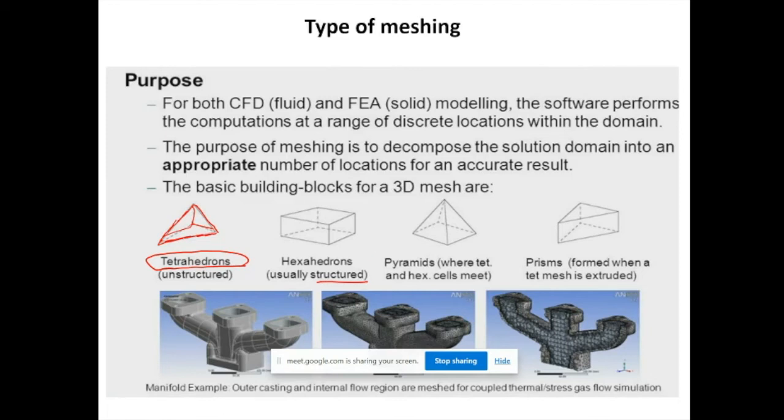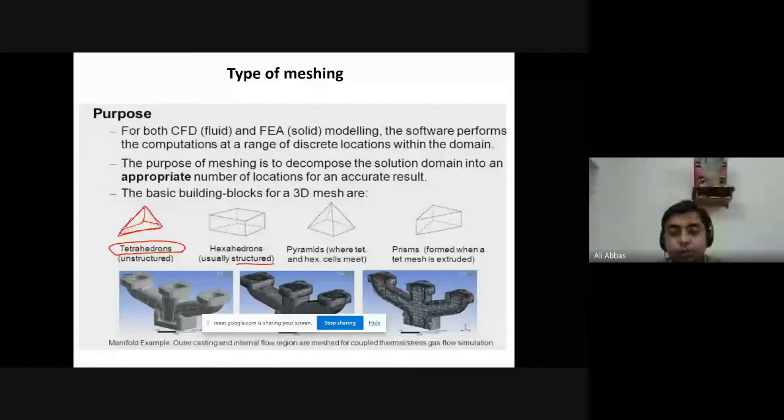So depending upon our skill, we choose the type of mesh, and also on the complexity of the fluid domain. If the domain is simple, we can go for the structured. But if the domain is complex, it is very difficult to make a structured mesh there. So in that case, we go for the unstructured mesh.